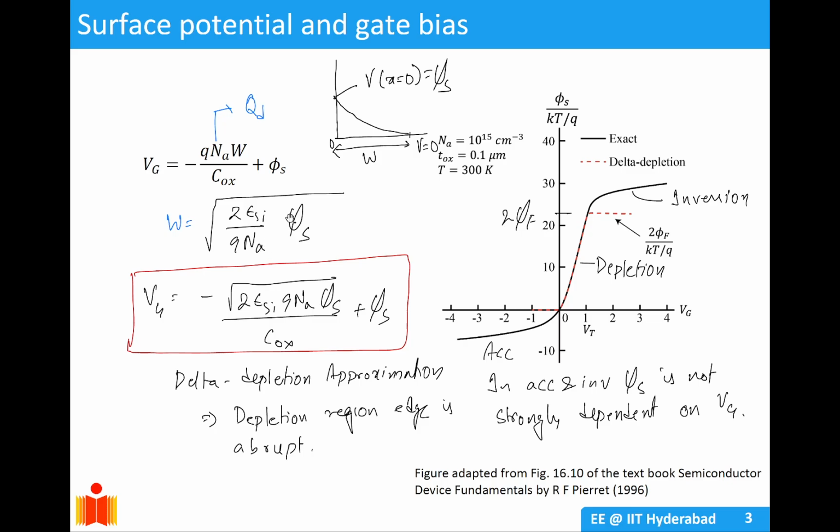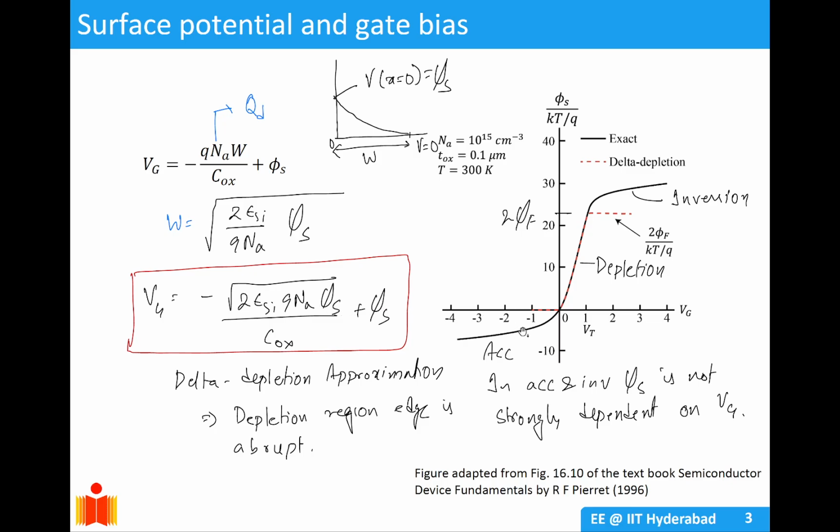So you can get Vg equals minus square root of 2 epsilon Si Q Na phi s by Cox plus phi s. Here epsilon Si, Q, Na, Cox are all constants. So this equation is completely between Vg and phi s now.